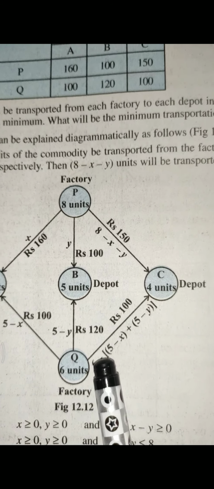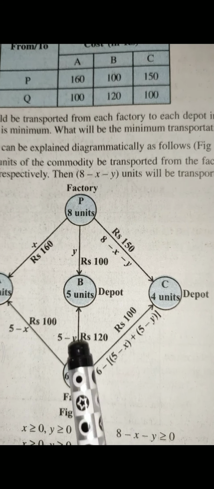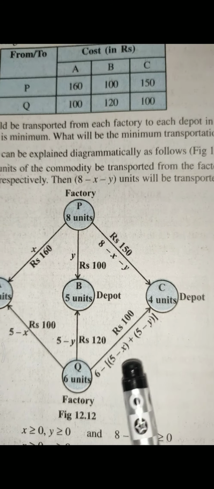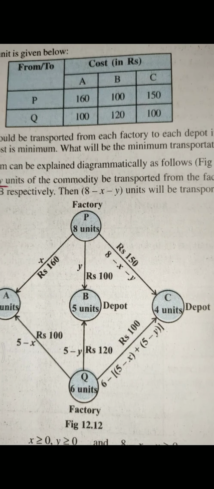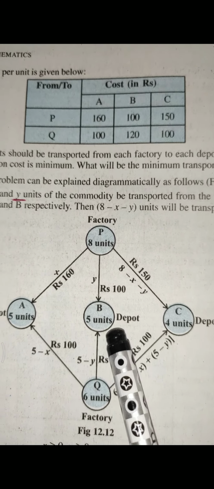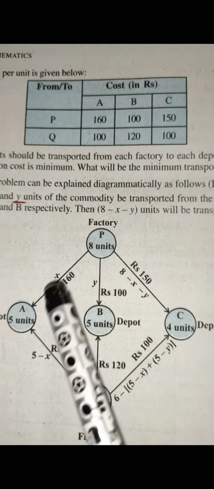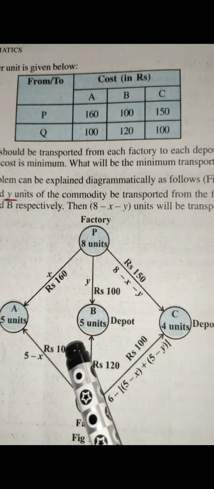So 6 minus whatever we have supplied, 5 minus X plus 5 minus Y, we will supply to depot C. So just now, with the variables, we have shown how many units we have to supply to these depots A, B, C. To transport these units from the factories to the depots, the costing is different.